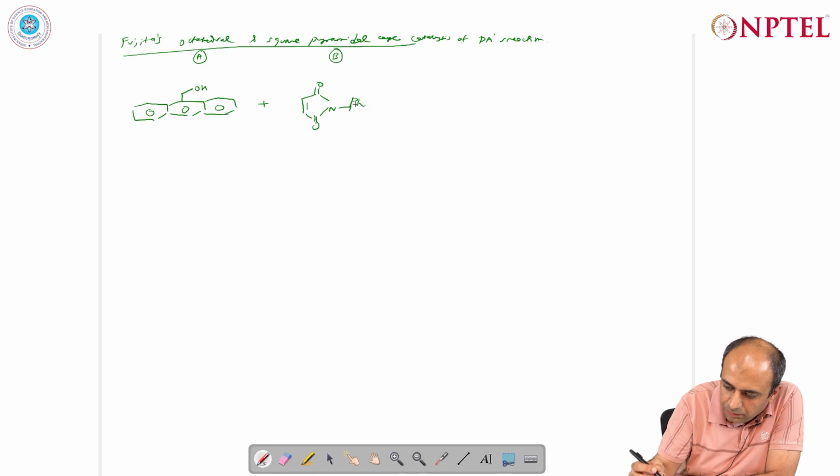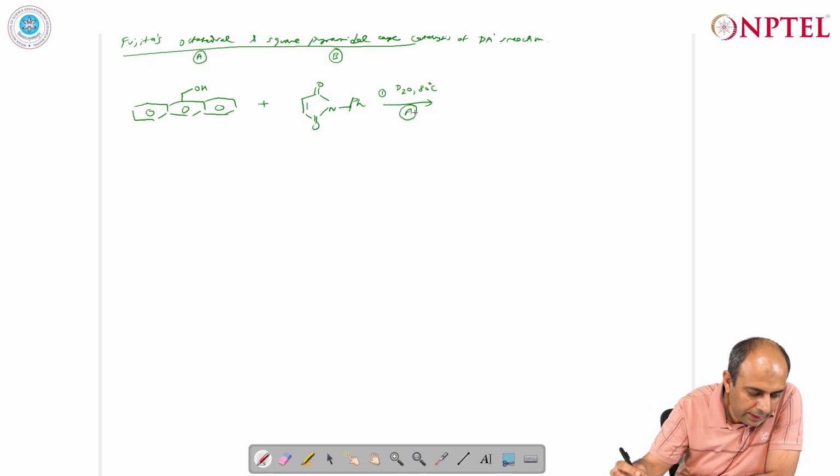We have NPH, and in the presence of first deuterium oxide at 80 degrees centigrade, in the presence of the supramolecular cage A, which functions as a supramolecular catalyst, we have the formation of the following product.